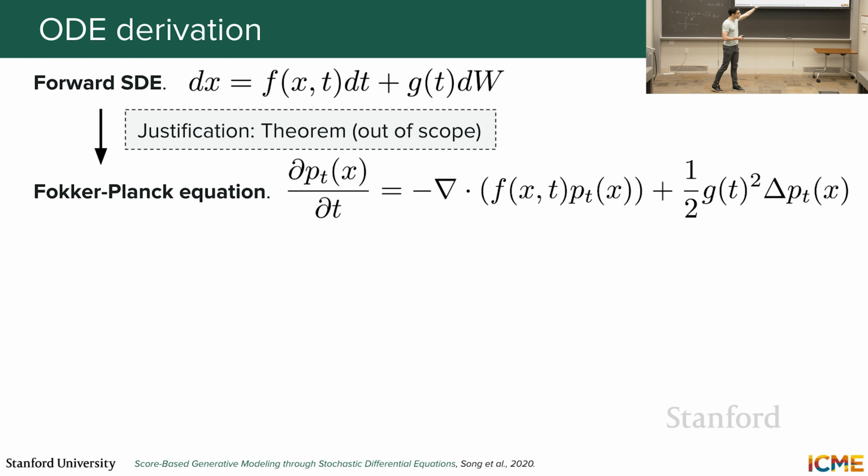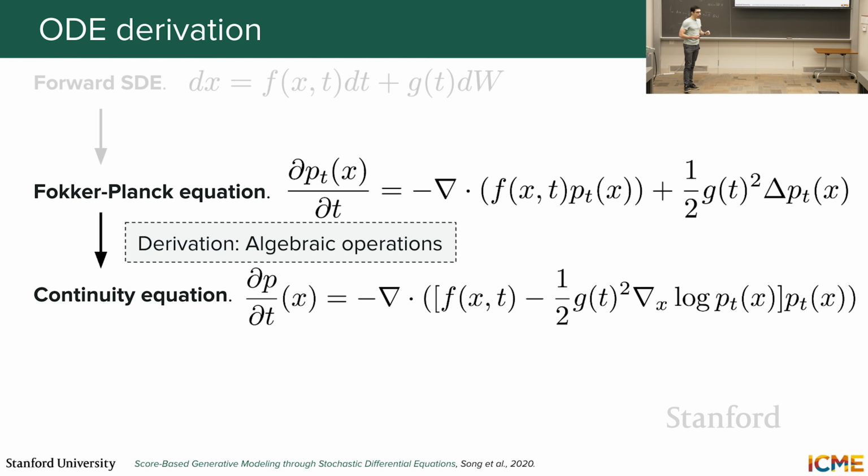You have two terms on the right that can be interpreted in physical terms: the term on the left is a transport term, and the one on the right, where you see g squared, is a diffusion term. The derivation of such an equation is non-trivial and is out of scope here. I'm just going to state that we are going through those results.